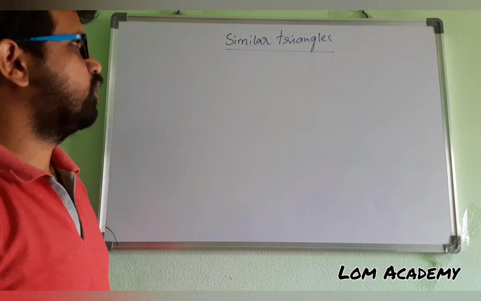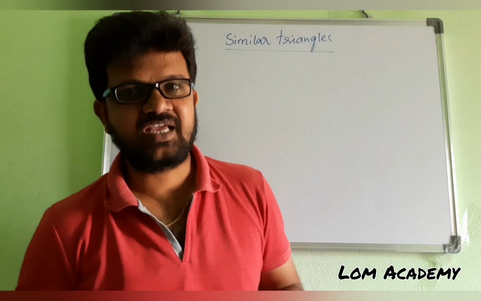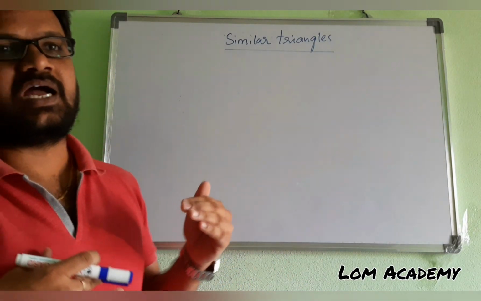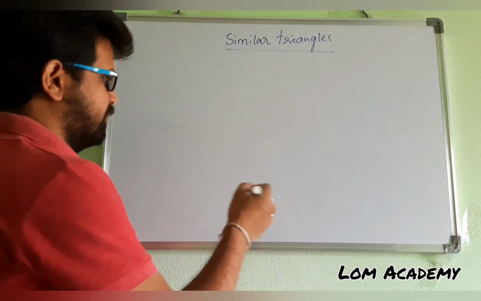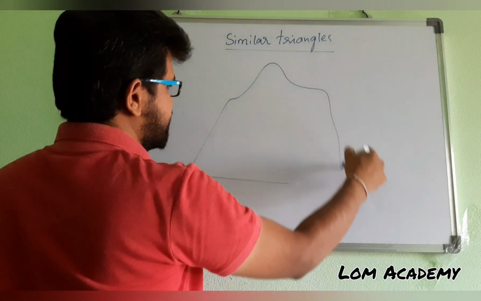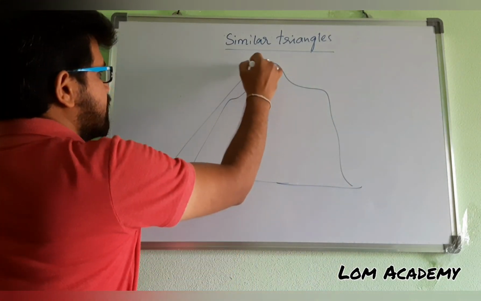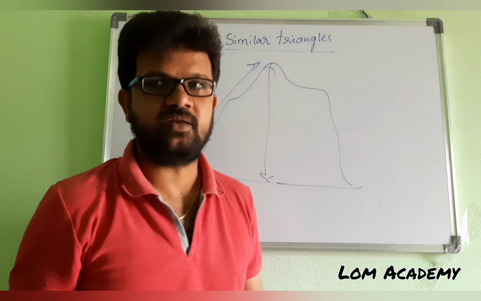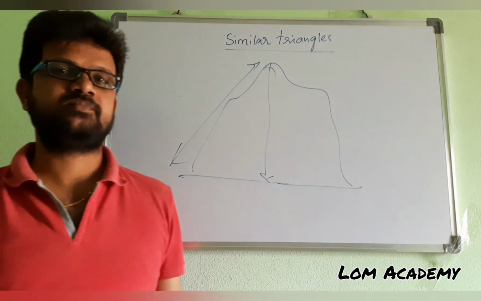Okay, so where do we use this similar triangles concept? For example, you have to find the height of a mountain, such a big mountain. How to find this height? We cannot use a measuring tape.